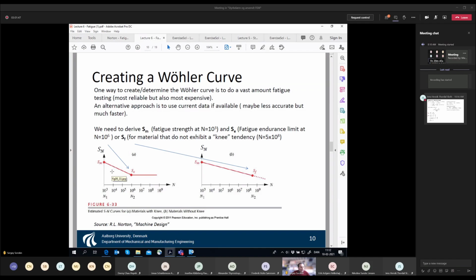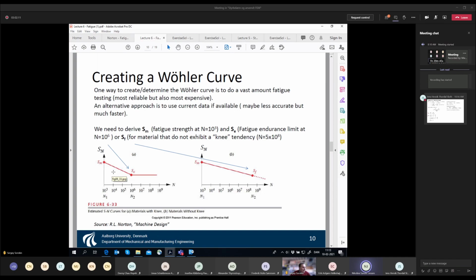If we put together these two numbers, n small 1 over n capital 1 plus n small 2 over n capital 2, we see how much damage we have inflicted on the specimen using these two regimes. Okay. Make sense? Yes, it makes more sense.